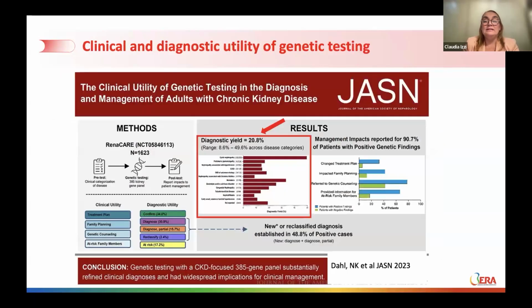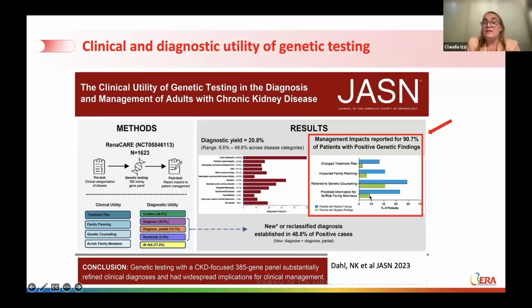And finally, this paper looks at the clinical utility and not only the diagnostic yield of exomes. And I want to highlight this, that exome analysis in these patients with a positive result impacts management in 90% of the patients.